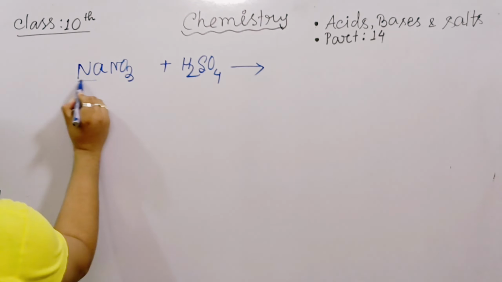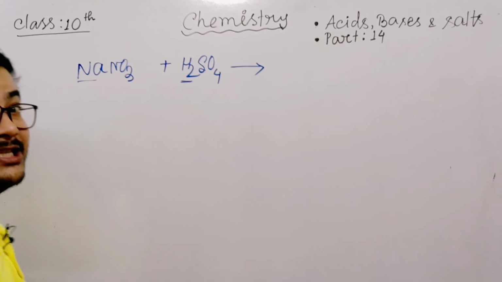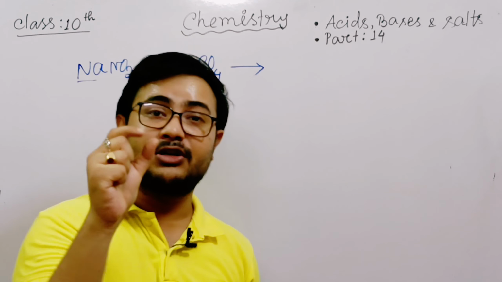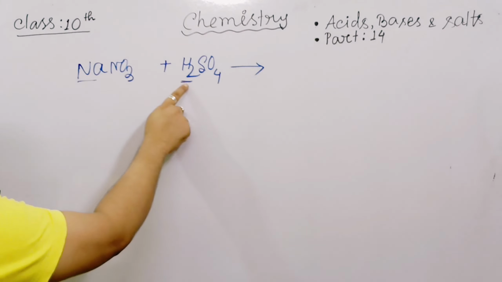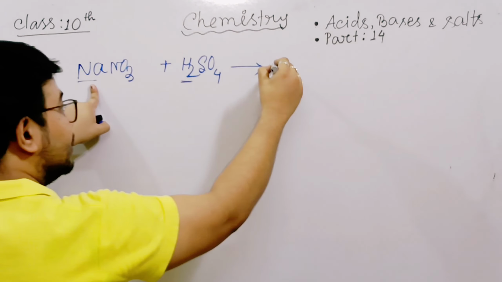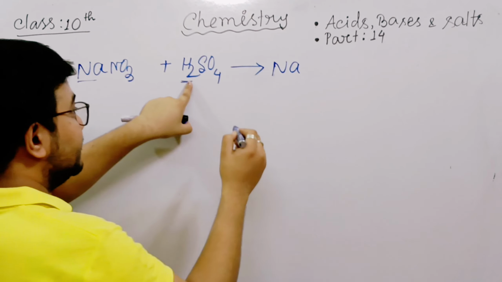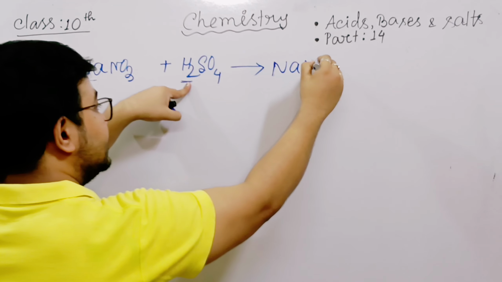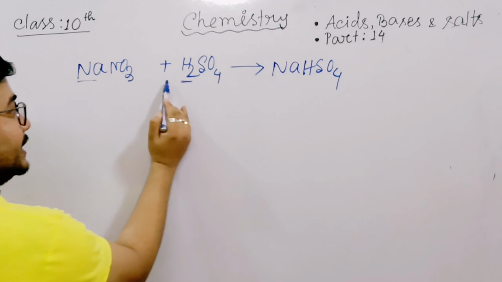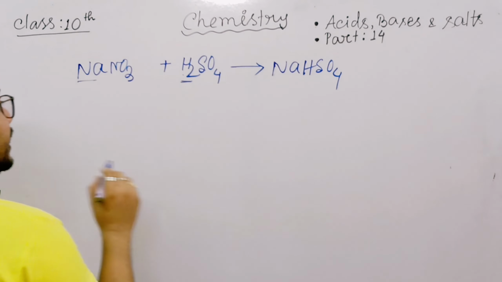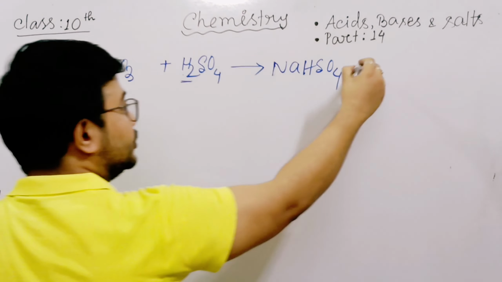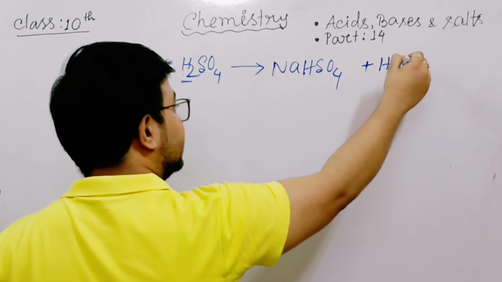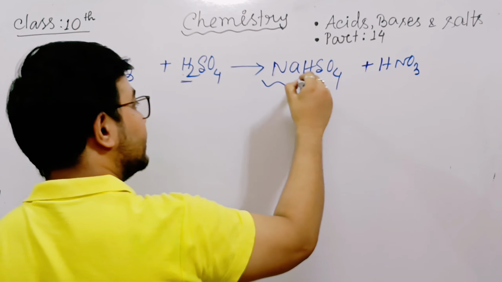Sodium replaces or displaces, give stress on the term displace. Sodium displaces first one hydrogen, then what will form? Na displaces one hydrogen, so HSO4 is left. Here one H is displaced and NO3 is left, so the answer is HNO3. It is a side product, it is not important; the main product is the salt.